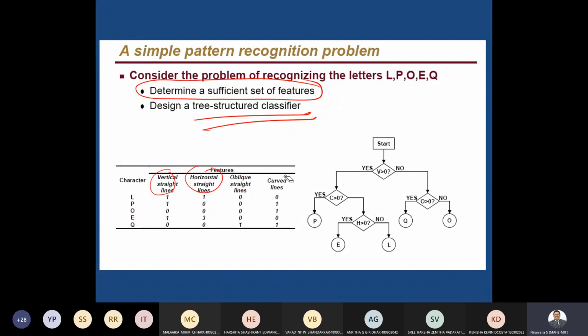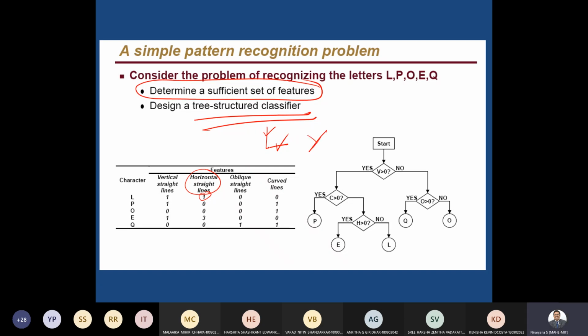What we did is we just extract the features. For example, there is L. How many vertical lines? L has a vertical straight line. Is it there? Yes, there is one. Mark it. Is there any horizontal straight line? Yes. Mark it. Is there any oblique line in L?